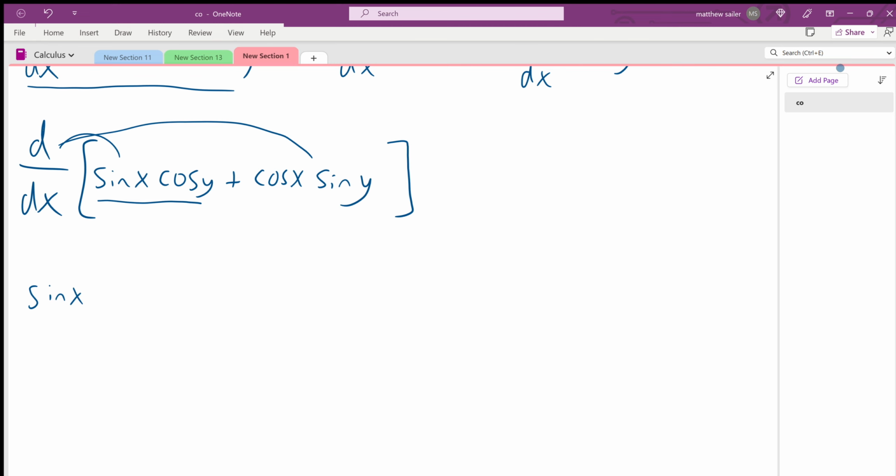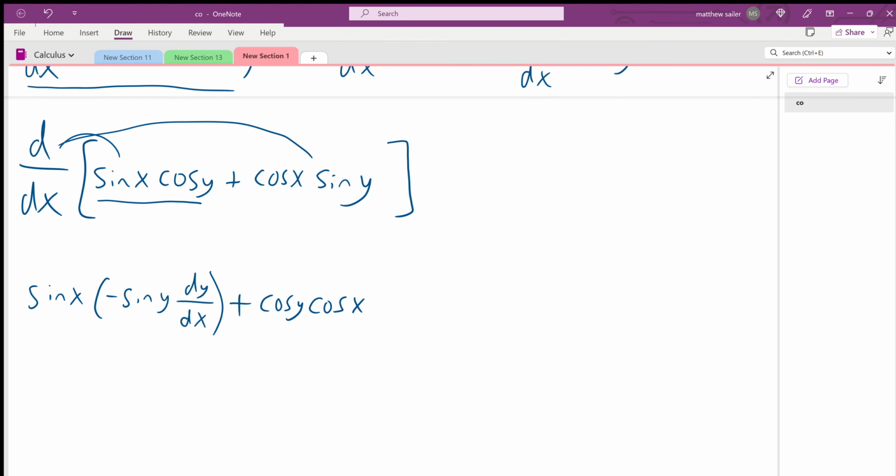So the derivative of cosine of y is negative sine of y, and since it's a function of y, we have to add the dy dx at the end. Plus the second, so cosine of y, times the derivative of the first, which is just cosine of x. So that is that part.